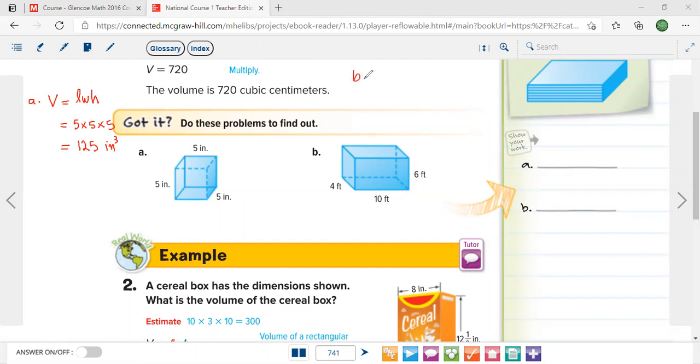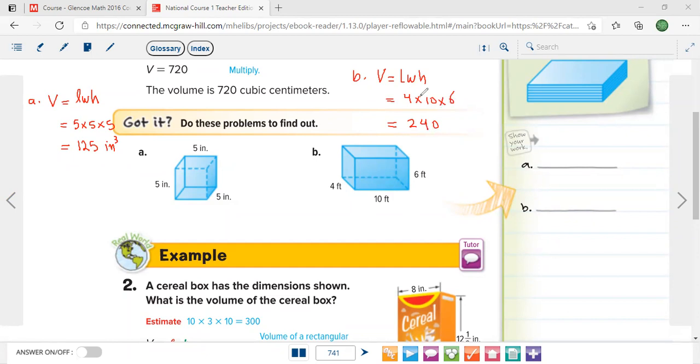For problem B, also volume equals length times width times height. It really doesn't matter which one is the length and the width and the height since we are going to multiply them all. So it's 4 times 10 times 6. 4 times 10 is 40, by 6, 240.